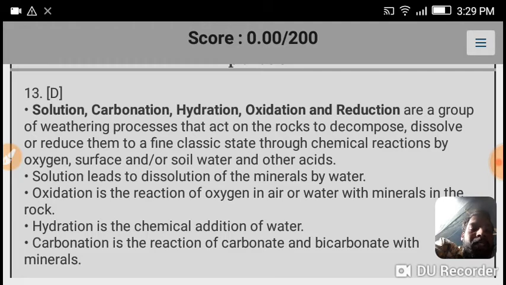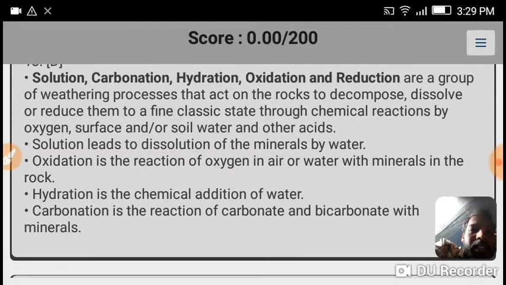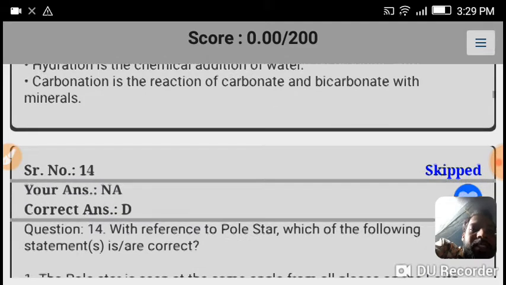Solution leads to dissolution of the minerals by water. Oxidation is the reaction of oxygen in air or water with minerals in the rock. Hydration is the chemical addition of water. And carbonation is the reaction of carbonate and bicarbonate with minerals.